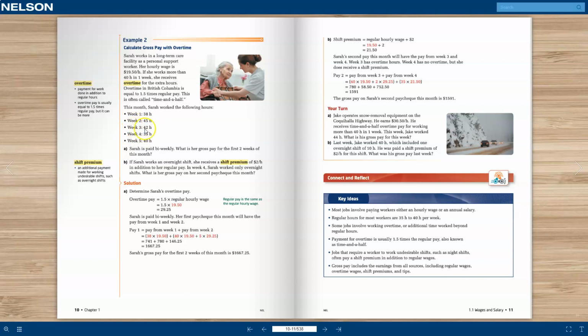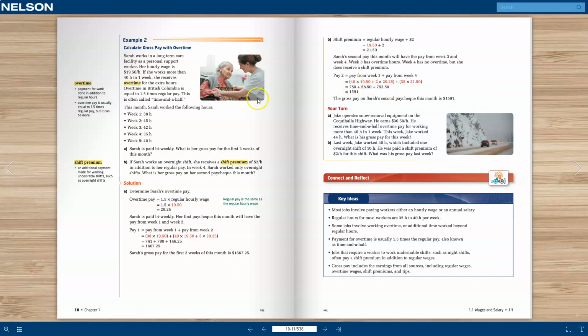And week 3 is kind of like what we did before. For the first 40 hours, she's making $19.50, and for the 2 extra hours, she's making the $29.25. So you can see in B, first they calculate the shift premium, which is 19.50 plus 2, because that's the premium here, $21.50. Secondly, we add week 3 and week 4.